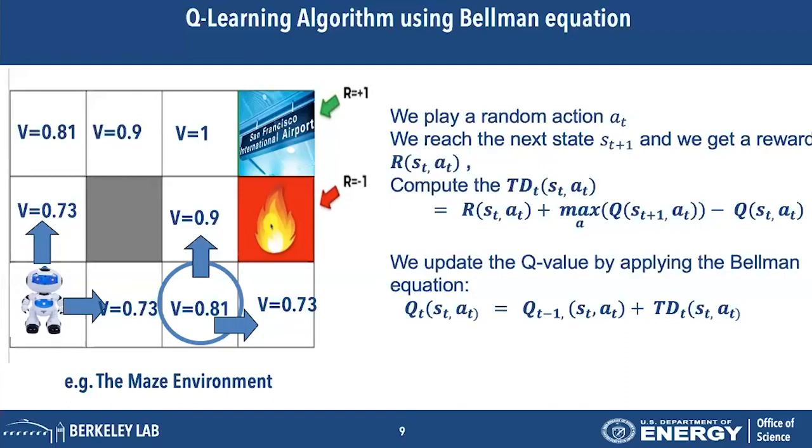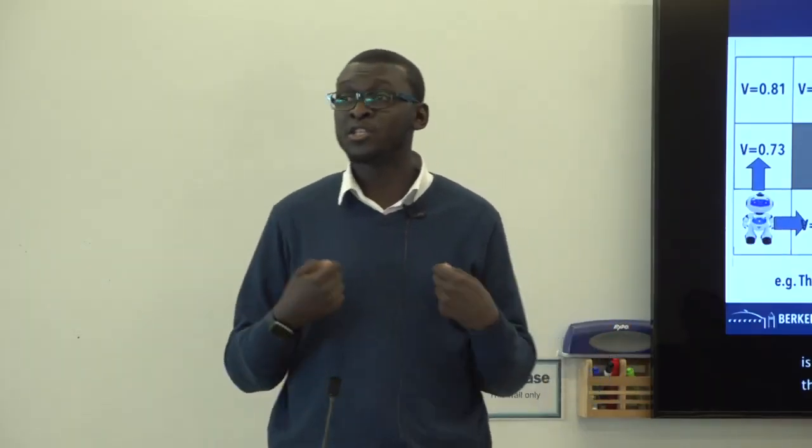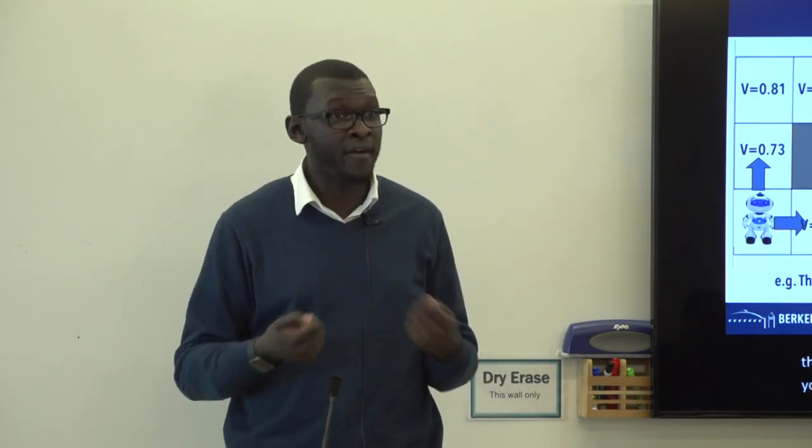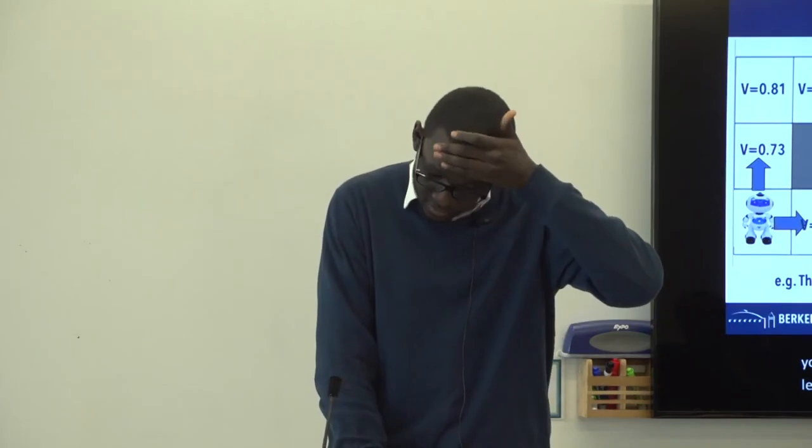But remember, before applying all this algorithm, we need to train it in a simulation environment. And one of the simulation environments we used is the OpenAI Gym. Technically, it's called the Gym, but it's been coined from OpenAI. So the OpenAI Gym is just an environment where you test your algorithms to see if your RL, reinforcement learning algorithm, is actually learning well or not.